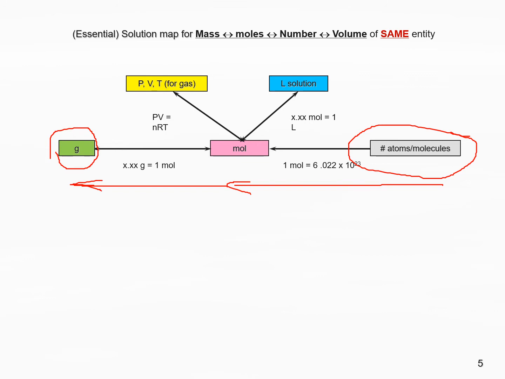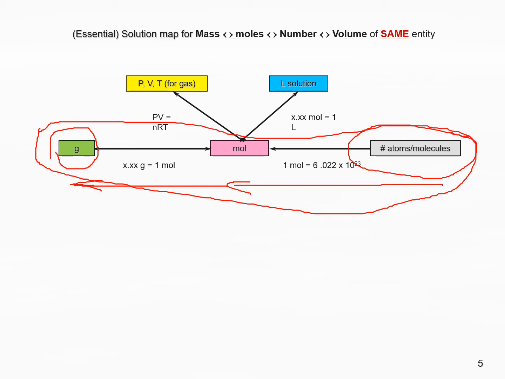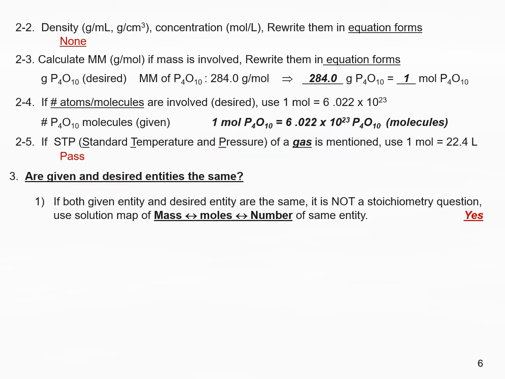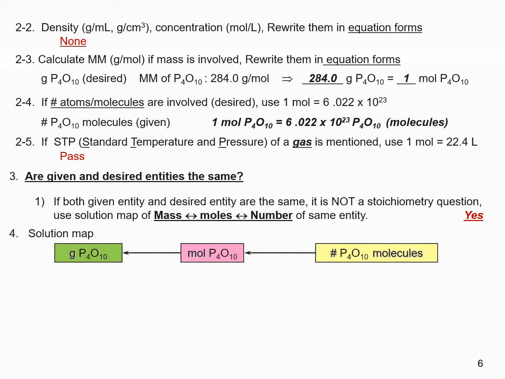Okay, so this is the solution map that we're going to use for this question. All right, so with all that being laid out, our solution map here is from the number of P4O10 through moles to get the grams of P4O10.